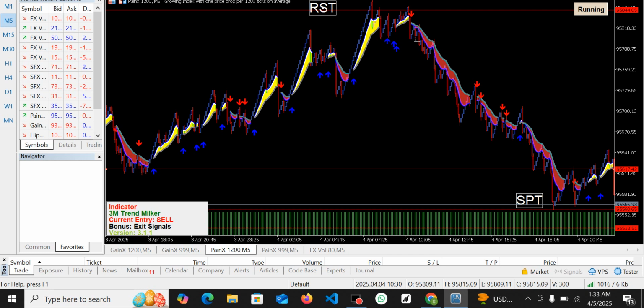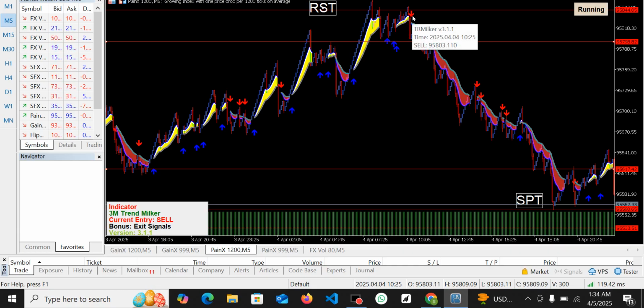So I would have advised us to come in at this point, where it came below this support region. And of course we've already gotten the downtrend signal, and here is an entry point signal, which is a sell signal.